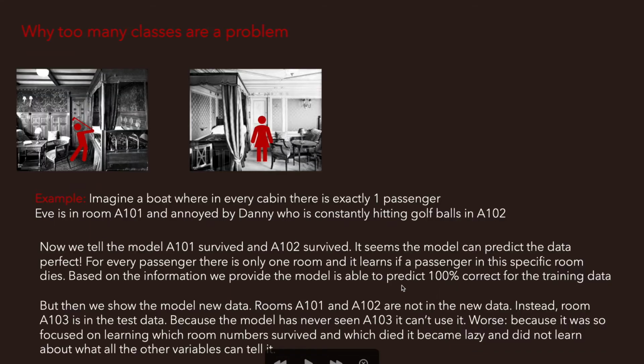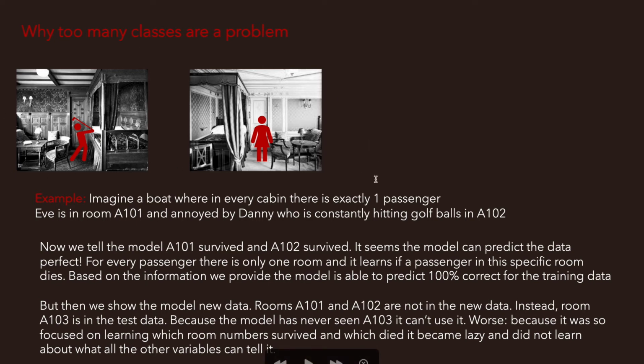Let's see why. So we have 2 rooms here, and there's a lady. She's a bit annoyed about what this gentleman here is doing with his golf club next door. But what's important is, in every room we assume to have only one single passenger, and we assume there's a 1-to-1 match when every passenger has their room given in our little thought example here.